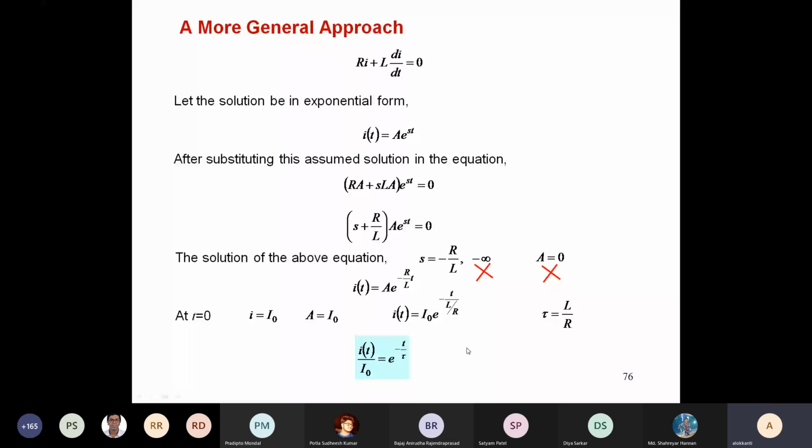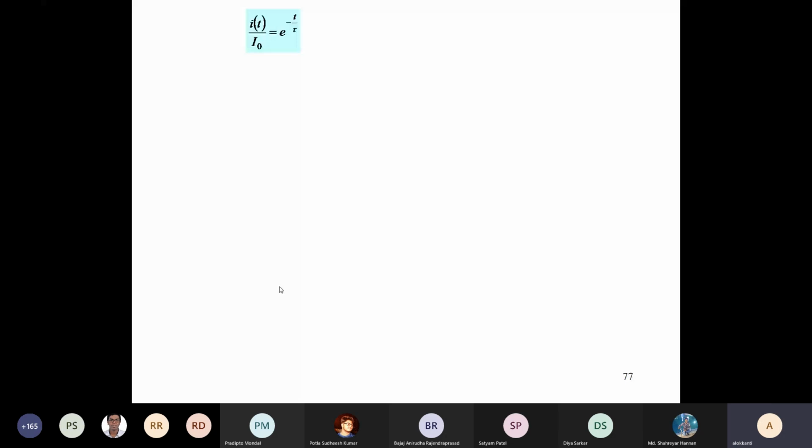If we plot this I(t) by I naught, as we did in the previous class, at t equal to 0 the value is 1, and it decreases exponentially.